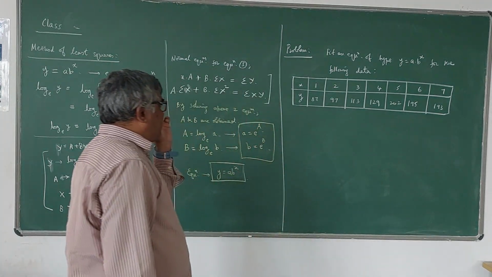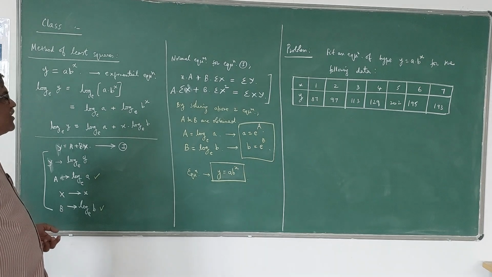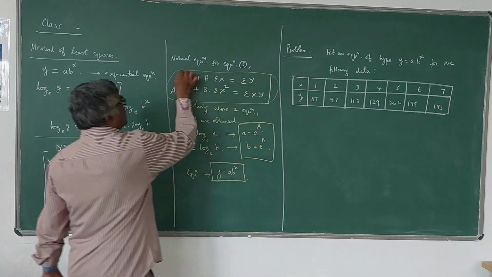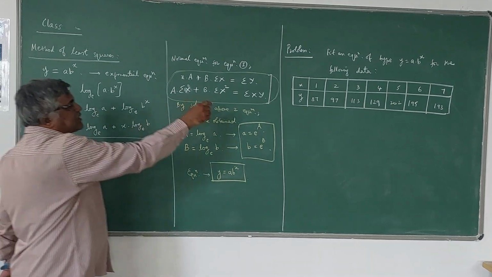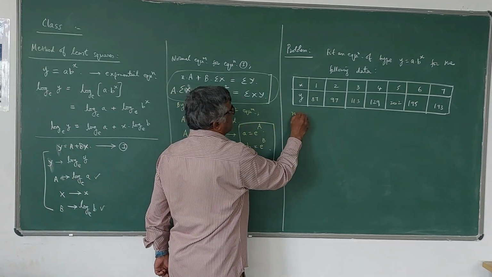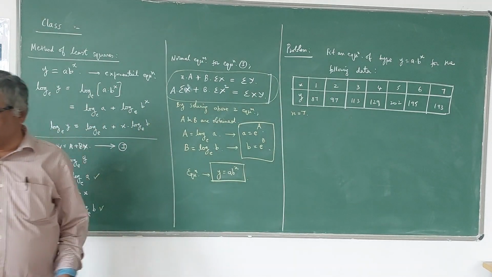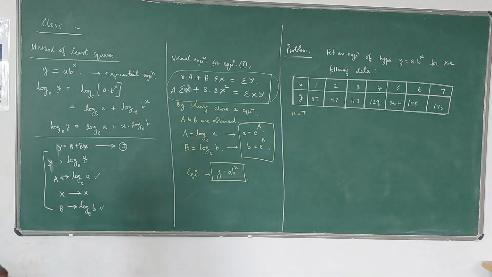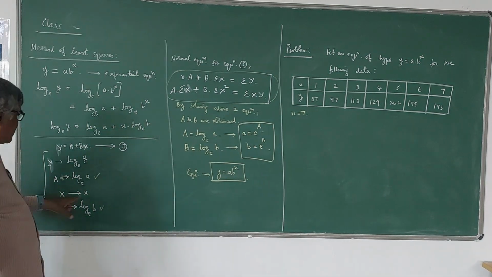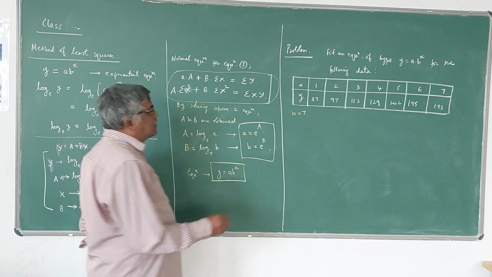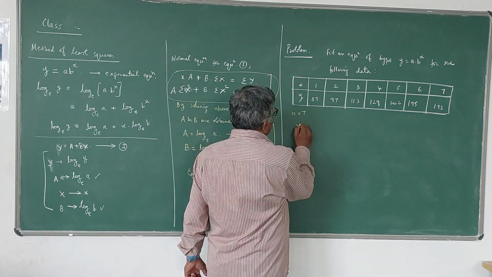So now let us use these normal equations. Now we have to use these two normal equations. Here n is 7, the number of observations. So first of all, here x is replaced by capital X only, so there is no change in the value of x.